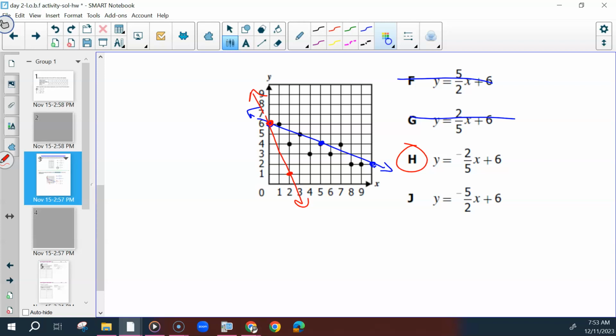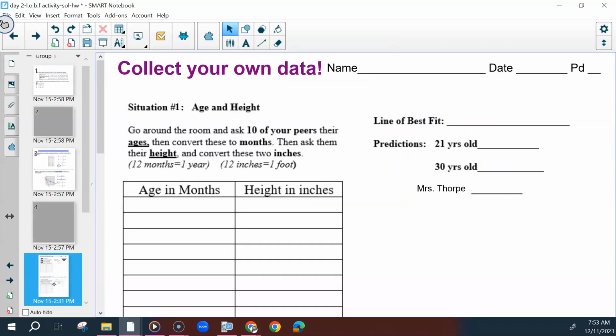Okay. Now you guys are going to do an activity. I'm going to explain it first before you start doing this. Everyone's going to get a sheet of paper. Everyone's going to be doing this. I'm going to show you what it looks like. You're going to go around the room and ask 10 people how old they are and how tall they are.